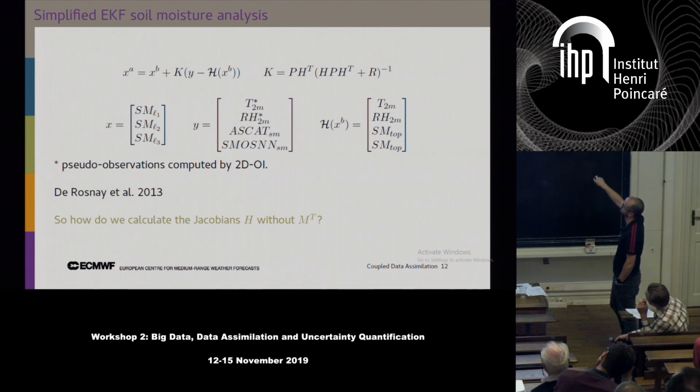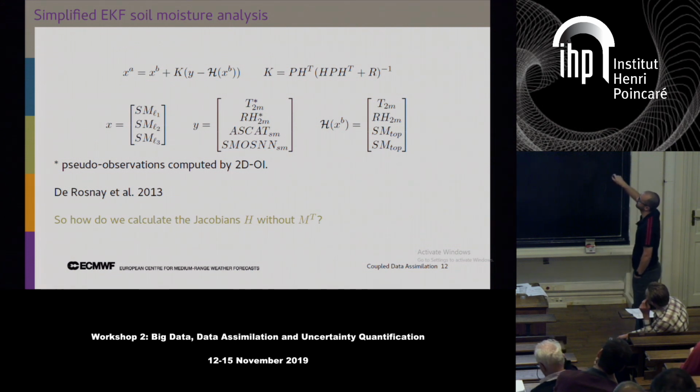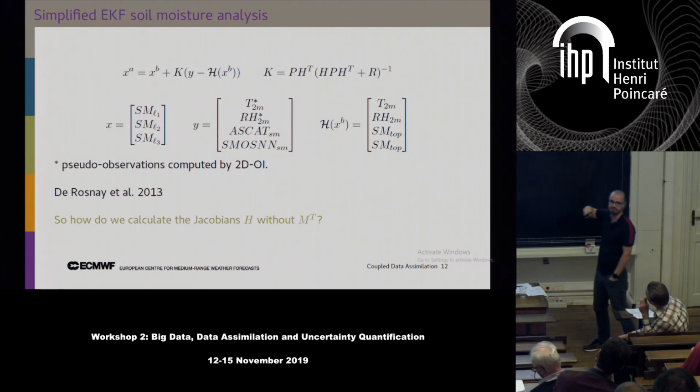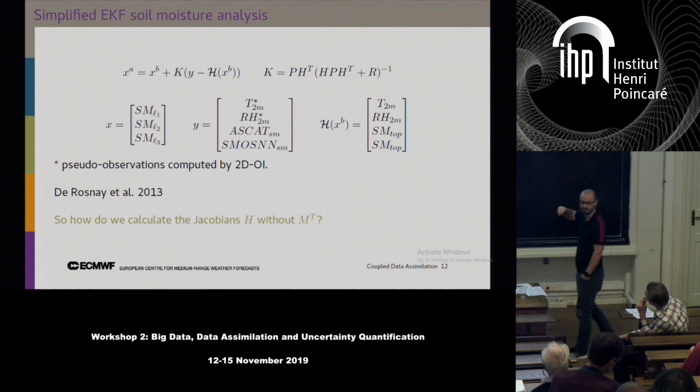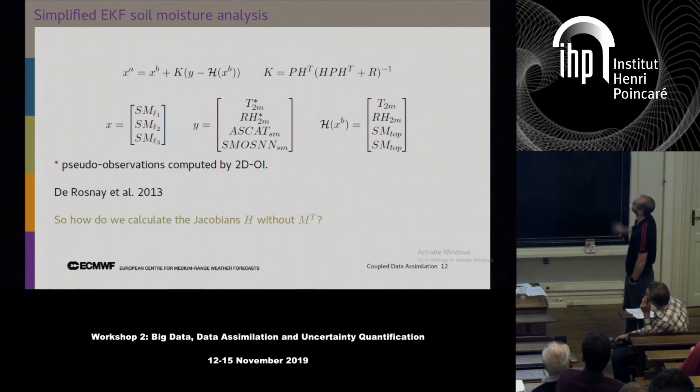But then we also have satellite information. So we have soil moisture coming from ASCAT, a scatterometer. And also just this year, we've implemented soil moisture observations coming from SMOS, which we derived by a neural network. We can tell you more about that offline if you're interested in how we use the neural network to derive soil moisture. Then we have our observation operator, which is the model equivalent of these things.